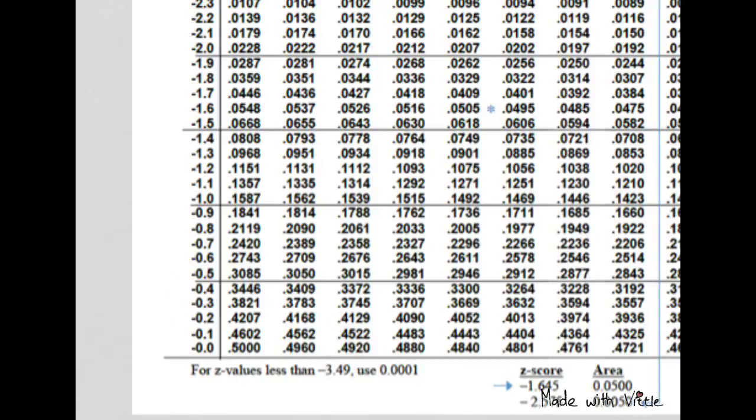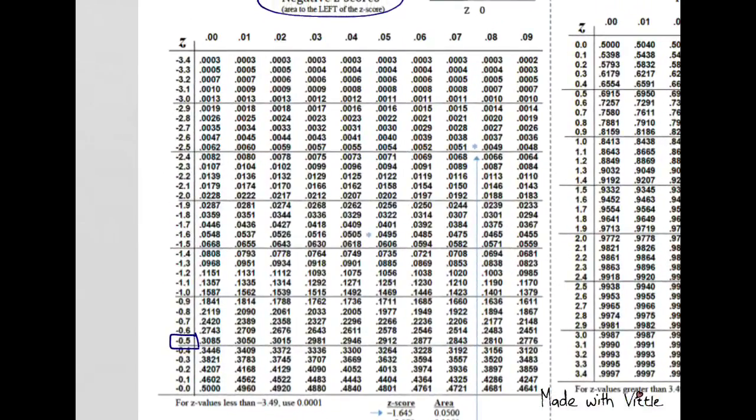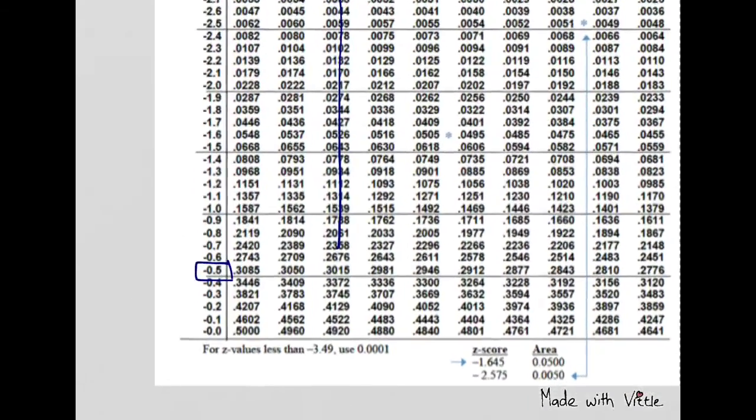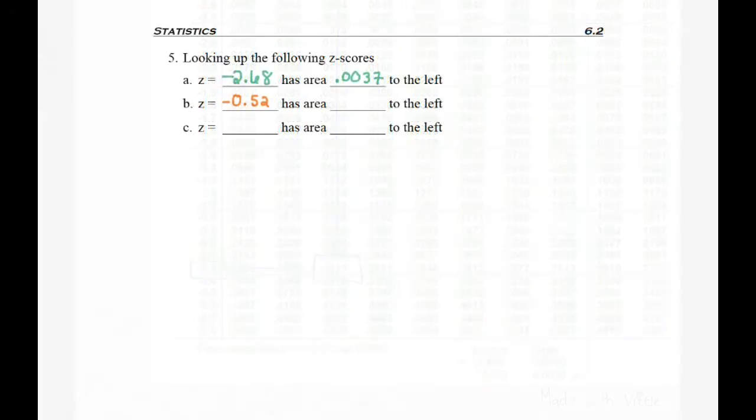And so 0.5 is over here on the left. Come up to the top for 0.02 and start reading straight down. It looks like I'm across from 0.3015. So we can record that the area to the left of negative 0.52 is 0.3015.